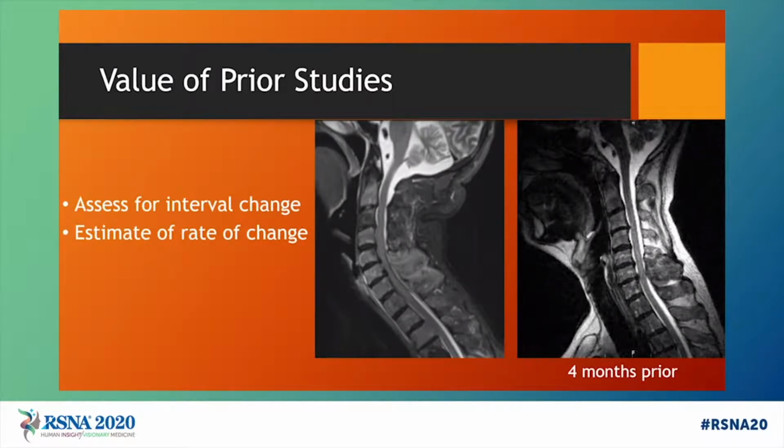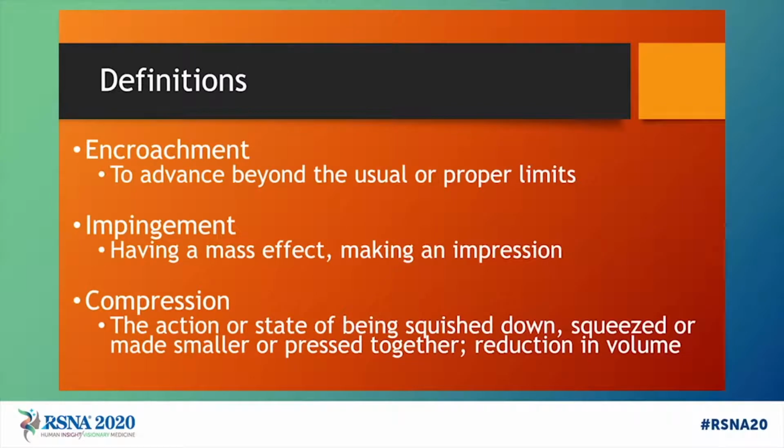In terms of defining spinal cord compression, there are several terms that are used interchangeably: encroachment, impingement, compression. And it's important to get a feel and understanding for what these might mean. Encroachment being an advancement beyond the usual proper limits, and these are dictionary definitions.